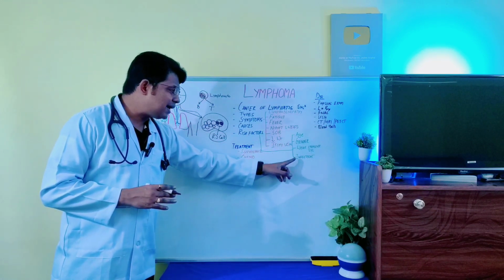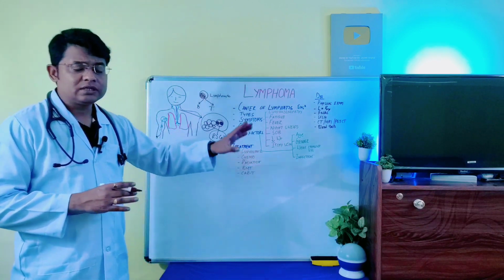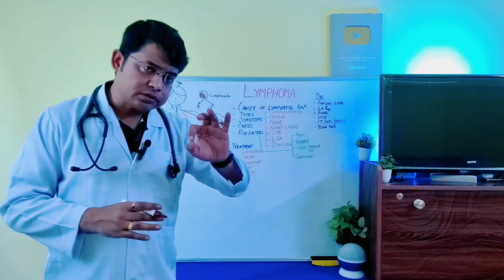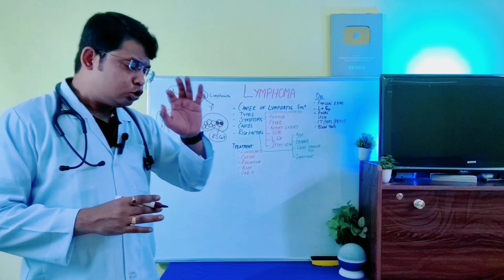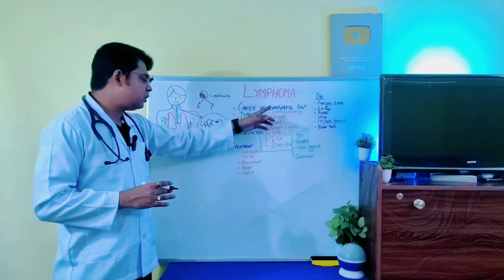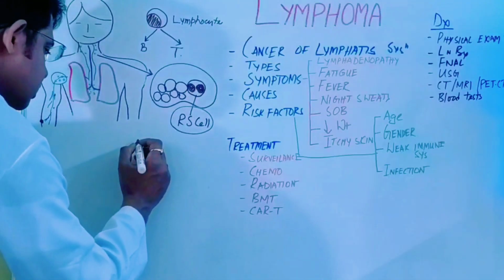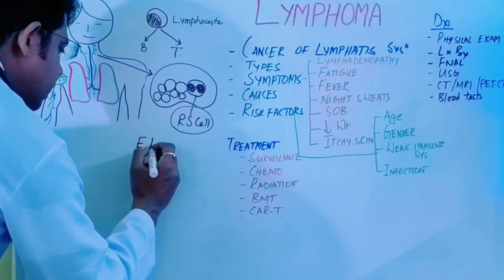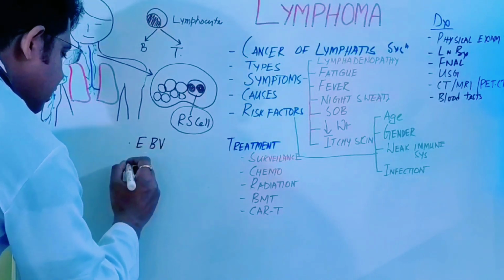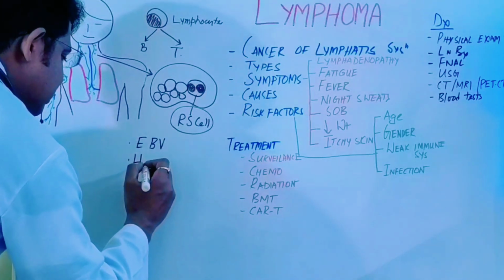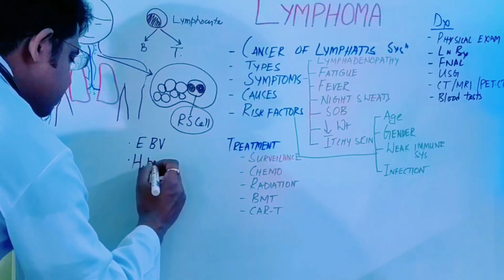Now the next one, that is infection. There are a few organisms which have been shown to be associated with lymphoma. What are those organisms? The first one is Epstein-Barr virus or EBV. Next is a bacteria known as H. pylori.